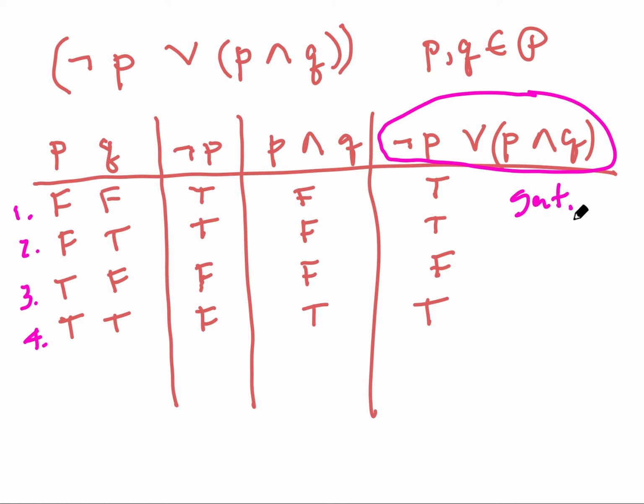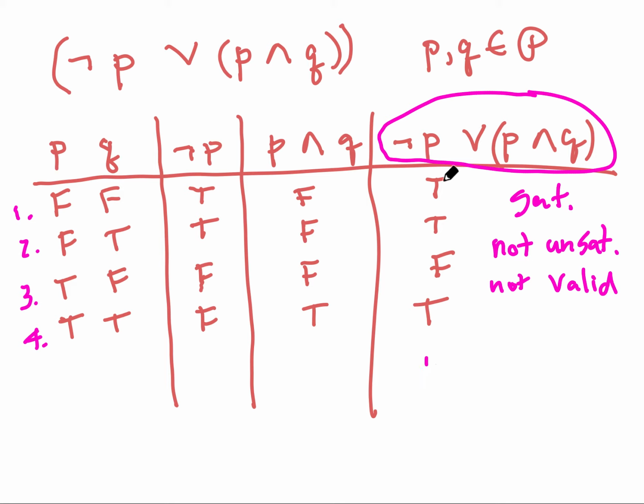No, it's not unsatisfiable. So I'm going to say not unsatisfiable. Is it valid? Well, if it were valid, we'd have to have trues all the way down. We should be assigning the truth value true in every interpretation. So it's not valid. Is this falsifiable?